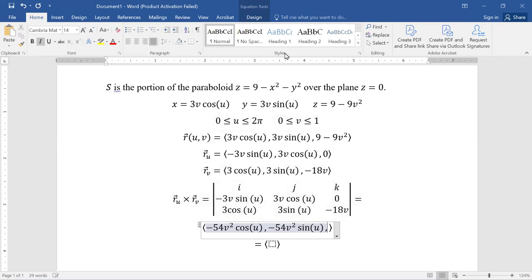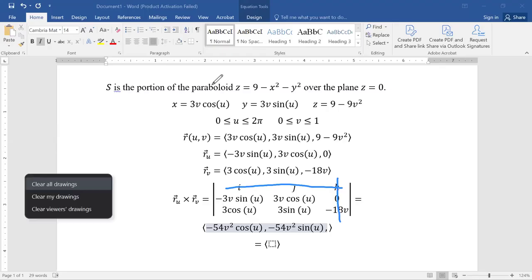And then lastly with the k, negative 3v sine u times 3 sine u minus 3 cosine u times 3v cosine u.